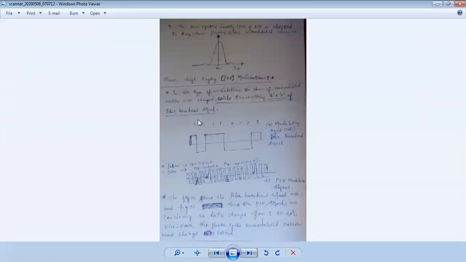That means this information p of t, the binary pulse, will be protected in the cos omega ct by changing each information record in accordance with the phase changes of the unmodulated carrier.